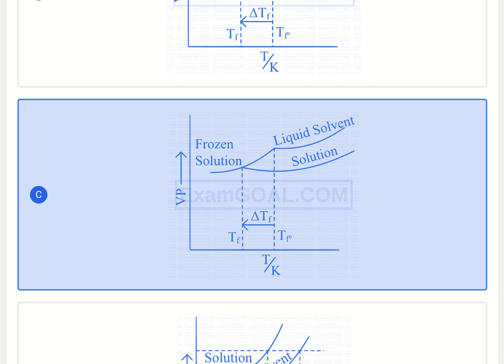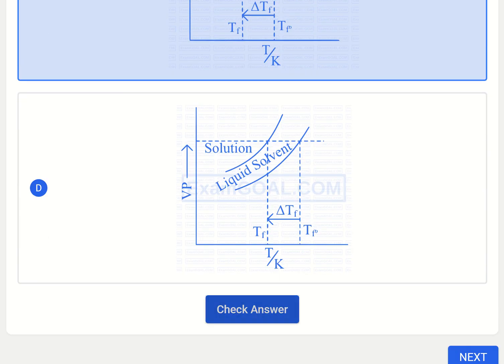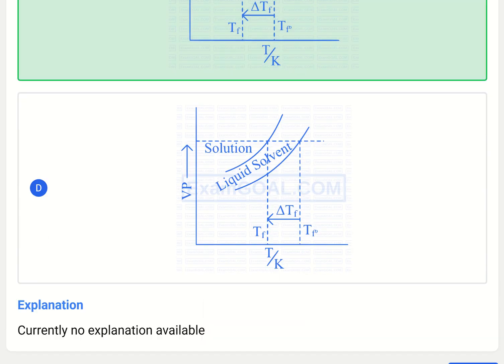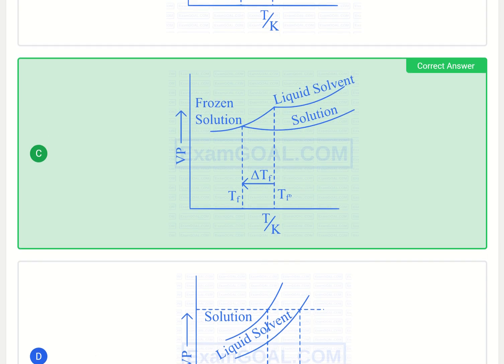Option 3 is definitely my option. So this is an NCERT textbook based question. You need not spend much time on this graph, just study it from the textbook. Most of the students leave this graph. You need not leave it. Whenever you are studying depression in freezing point and colligative properties, their graphs must be studied with it.